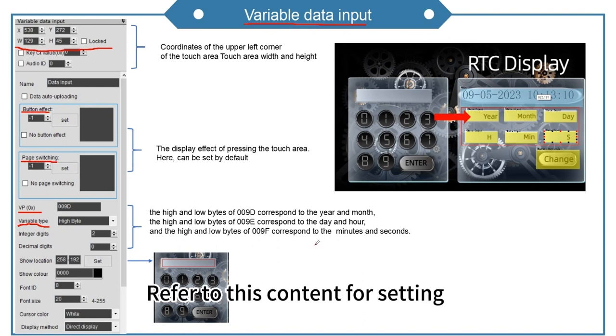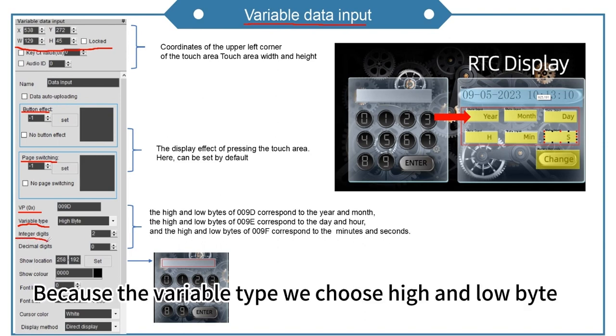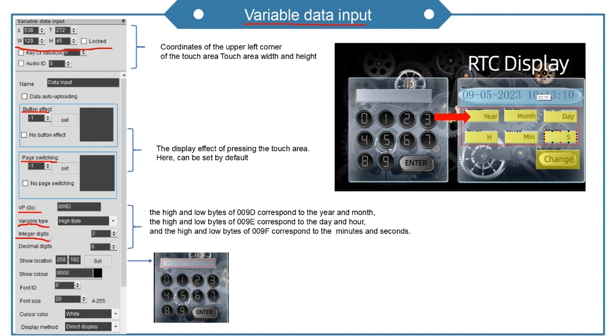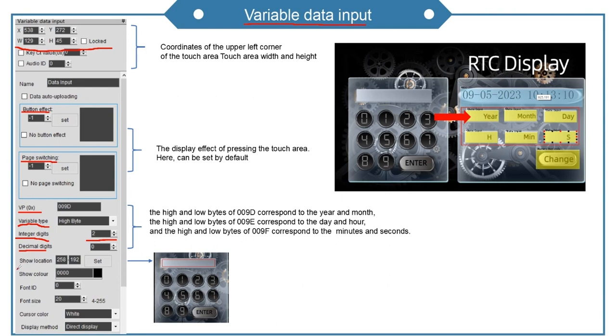Refer to this content for setting. Because the variable type we choose is high and low byte, integer digits we set to 2. Decimal digits we don't need to set. Set show location, I set here.